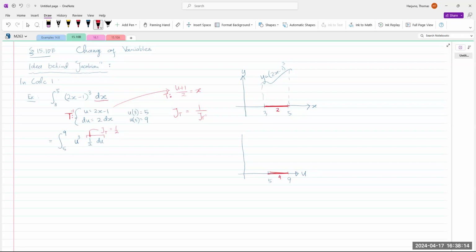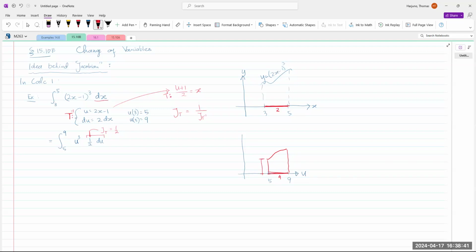So the domain gets larger. But of course, the total area under the curve is supposed to be the same. Now, with that assumption, if the domain gets larger, then the height is supposed to be less, right? Now, if you think about it, then you will see that the height here actually becomes 1/2 as much.